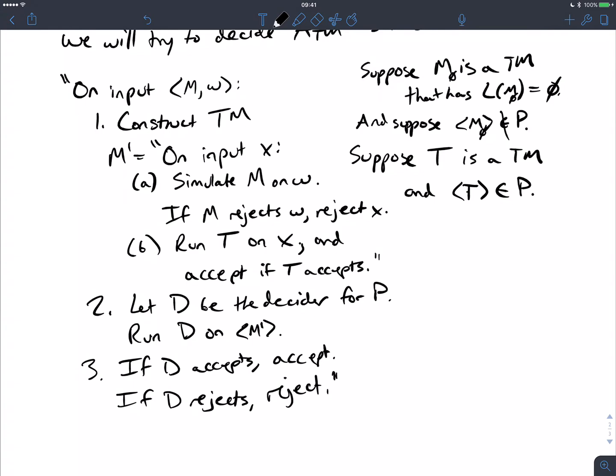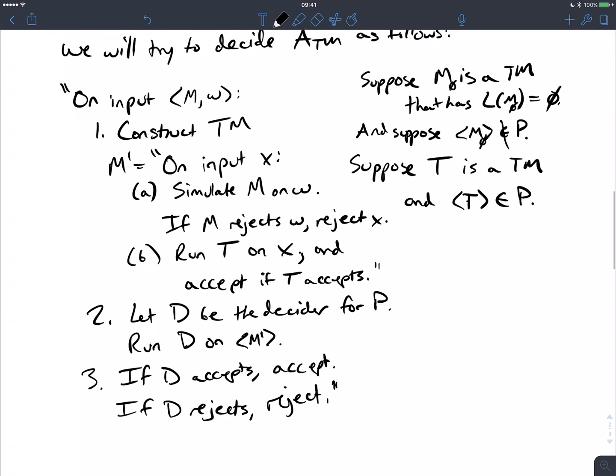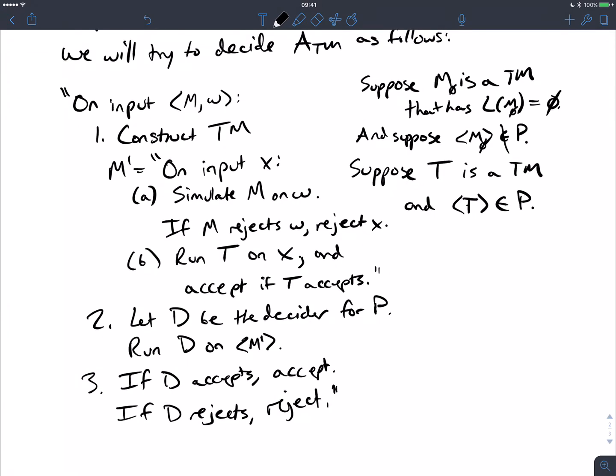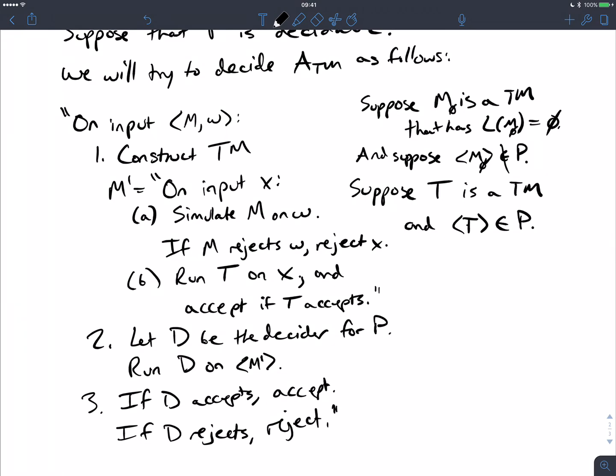So all this is just a generalization of the reductions we've already seen, to allow for any non-trivial Turing machine language properties. Let's just recap. Since it's a non-trivial property, there must be some machine with the property and some machine without, by definition. And the empty language either has property P or doesn't.